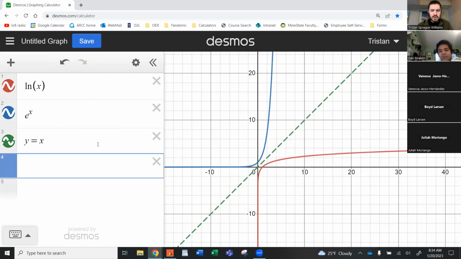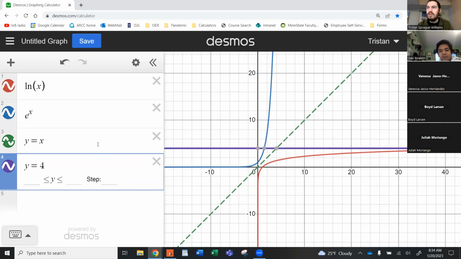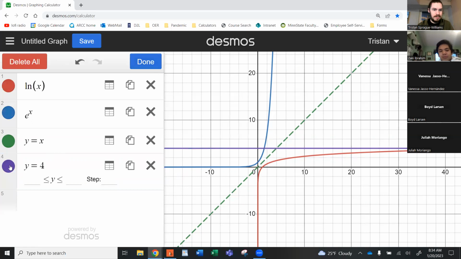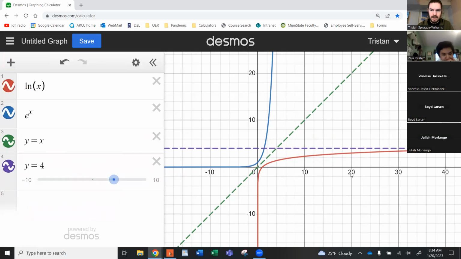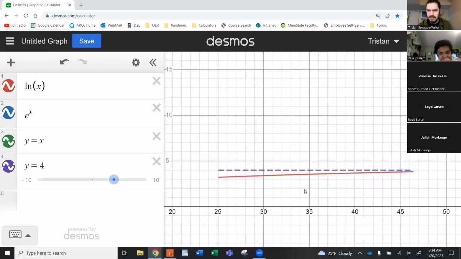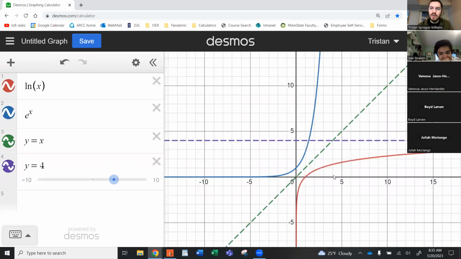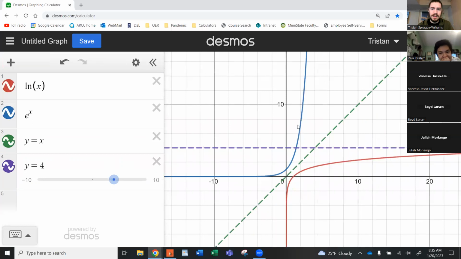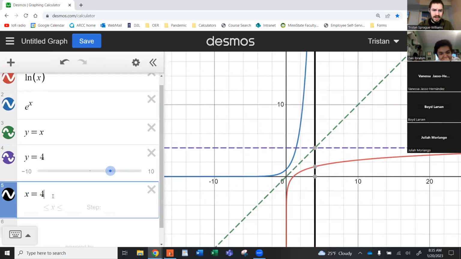If the natural logarithm had some sort of horizontal asymptote, say at 4 or something, right? If there was some sort of horizontal asymptote that this was getting close to, like this, okay? If there were, then that would mean that the e to the x graph would have a vertical asymptote at the same exact number.